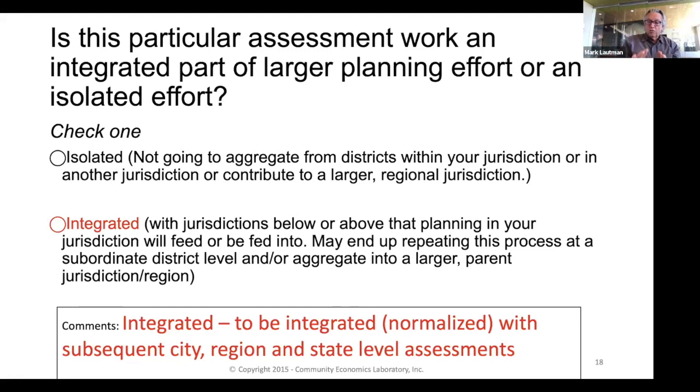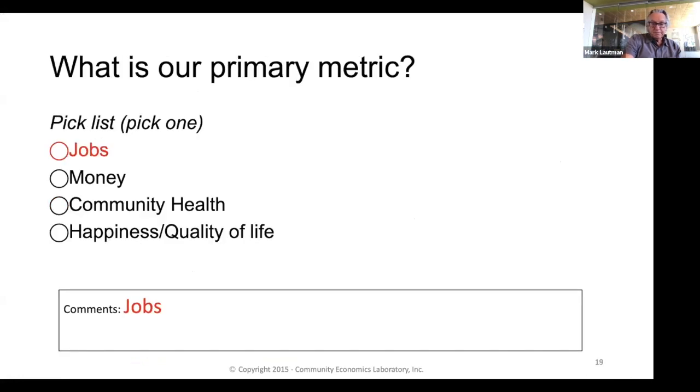Or are you just doing this for your community, your city, your district, your county? And it makes a difference, because you're going to want to make sure that your nomenclature and how you're setting up the calculus can be rolled up into larger areas or disaggregated into smaller ones. It's more of a process question than anything else.